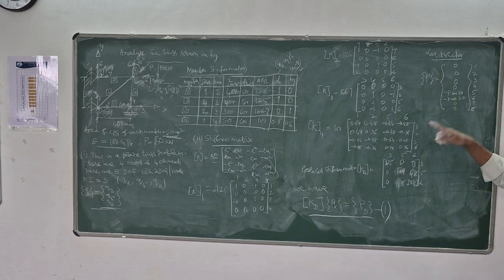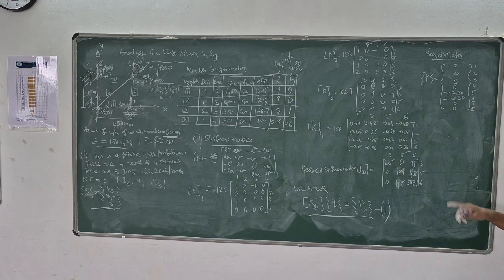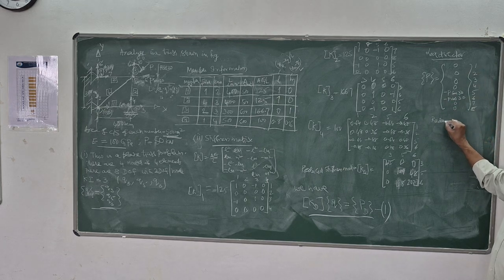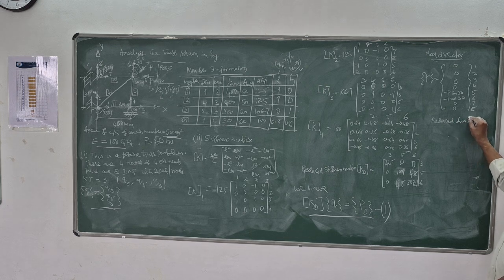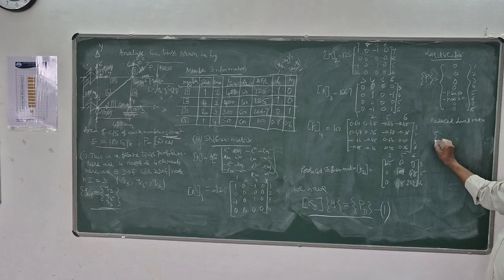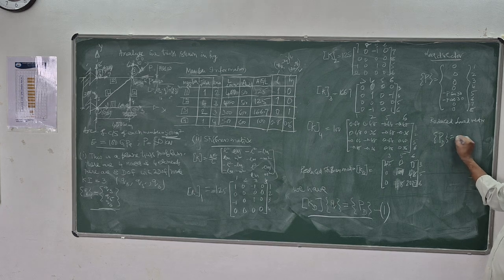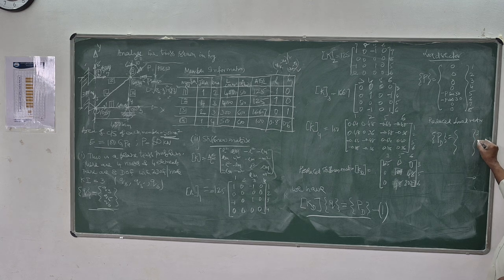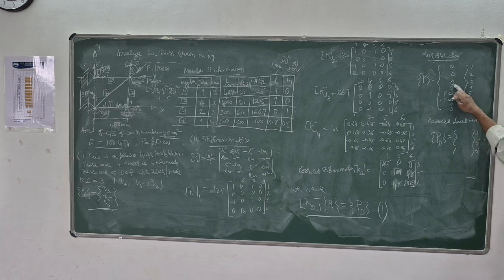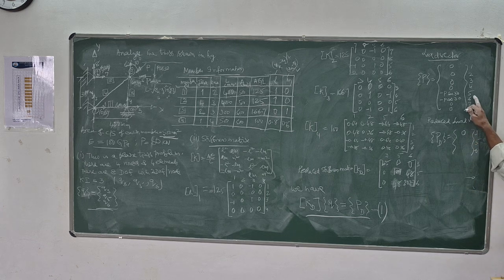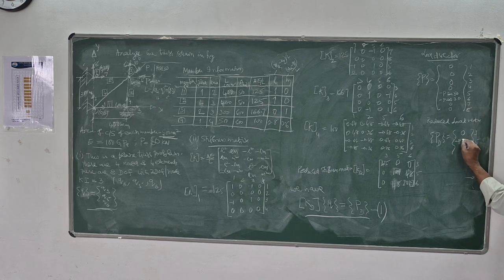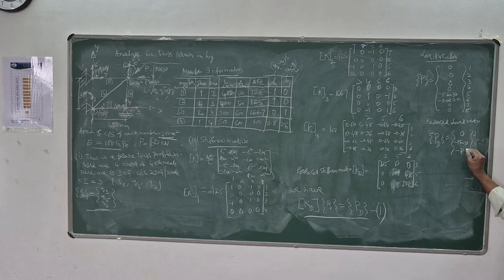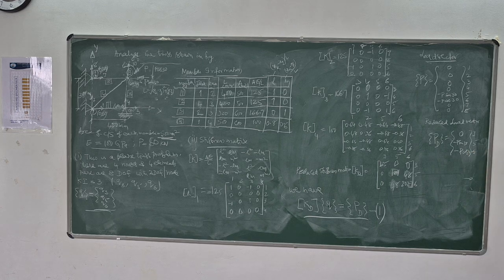This is the total load vector, similar to the total stiffness matrix, and then the reduced load vector PD is equal to, corresponding to only 3, 5, 6: for 3 it is 0, for 5 it is minus P sin 30, for 6 it is minus P cos 30.